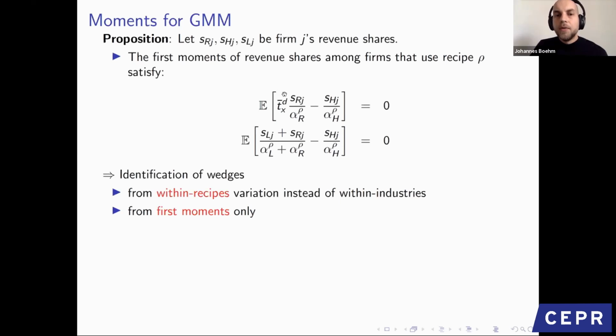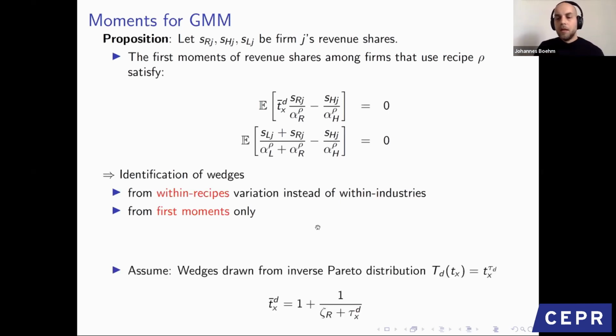So effectively, a state fixed effect is going to be picking up how large the distortions are going to be on average for relationship-specific inputs. Okay? So the identification of wedges is from within-recipe variation instead of within industries, okay, across the different states and from the first moment only. So we're not identifying distortions from the variation in moments across firms, but only from the variation in first moments across the different states of India.